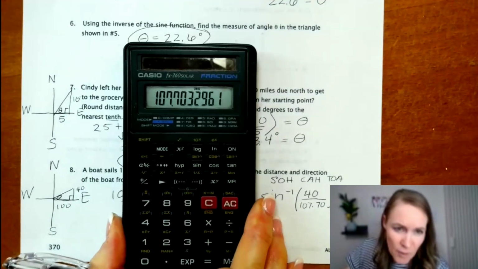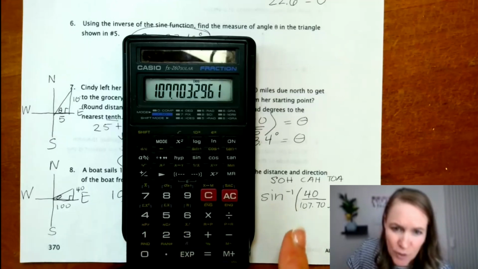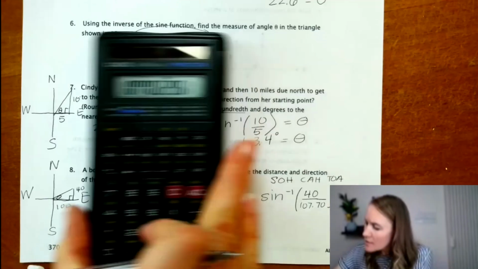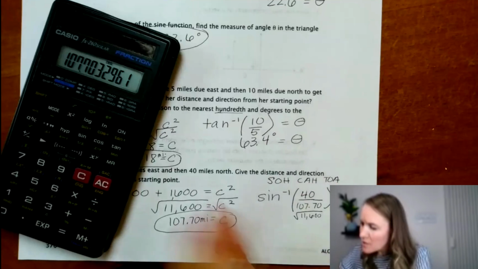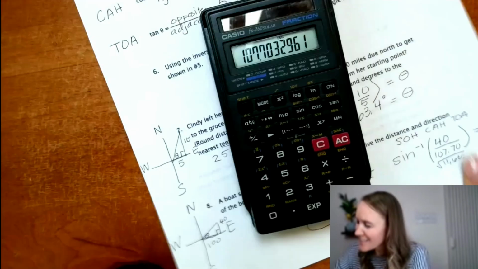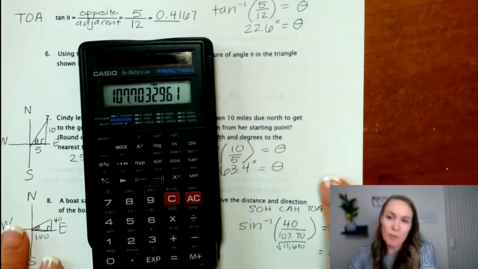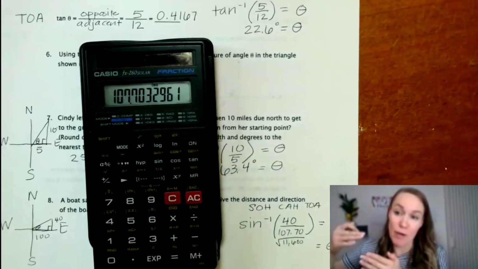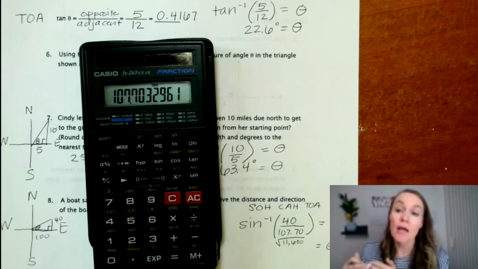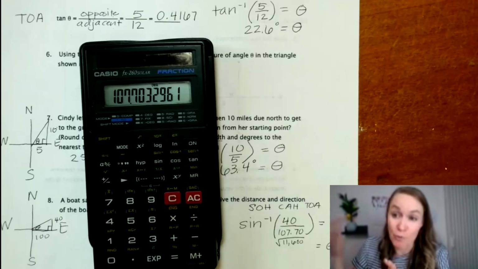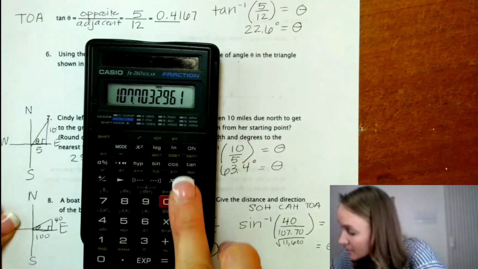So you used to be able to store this, but 107.70 is the square root of 11,600. So that's what I'm going to type into my calculator. So let me show you what I'm going to type in because I want to be as exact as possible. If you keep rounding on every step of math problems, you might have done every step right, but then end up with a wrong number because you rounded somewhere incorrectly. So I just want to be as exact as I can.